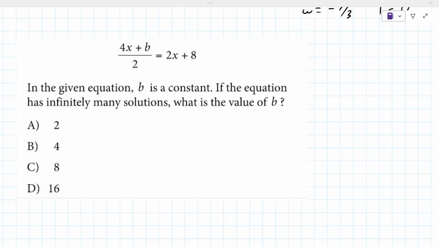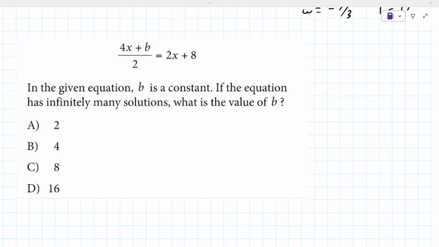All right, I am back. To be 8x plus 2b equals 2x minus 8.